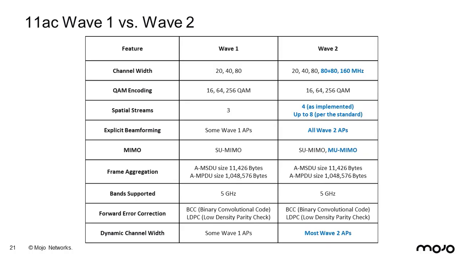Multi-user MIMO is where we're going to be able to talk to up to 4 clients simultaneously. So remember we talked about contention. Well, multi-user MIMO is really going to mitigate, and more than mitigate, the effects of contention. If you just mitigated the effects of contention, you wouldn't see the contention loss, and you would get aggregate throughput comparable to the single client throughput.